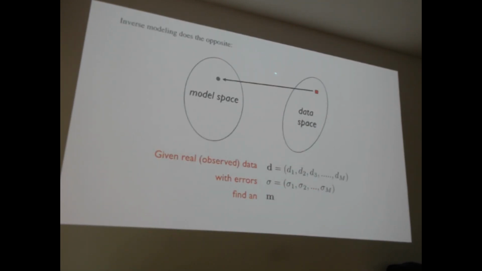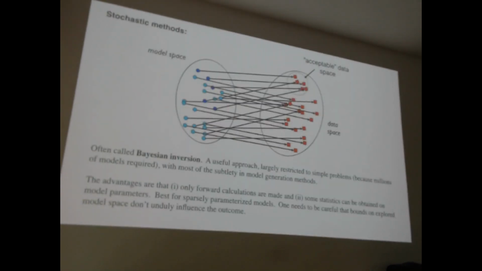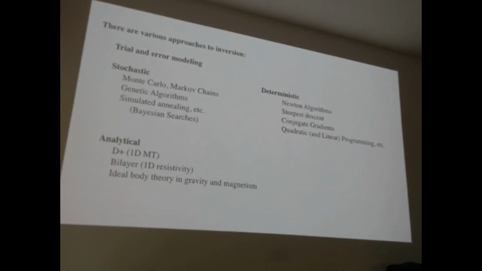But what we'd really like to do is to take the data and find a model. Given some observed data with errors, find a model. There's various ways of doing that. There's trial and error modeling. Don't laugh, it's been done, I'll show you. You can think of a model based on what you know about the geology and predict the data and look at the differences between the data and the model and say, I don't think I'm going to change this color and do it all again.